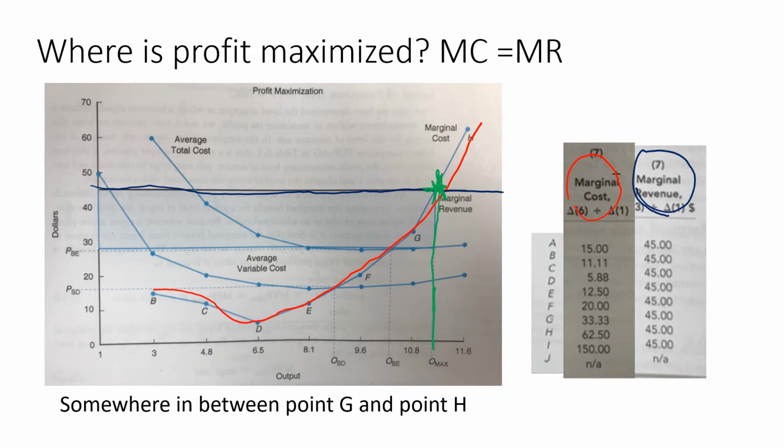I would say maybe 11.1. Okay, so let's say that's approximately at 11.1 units of output and at approximately $47.